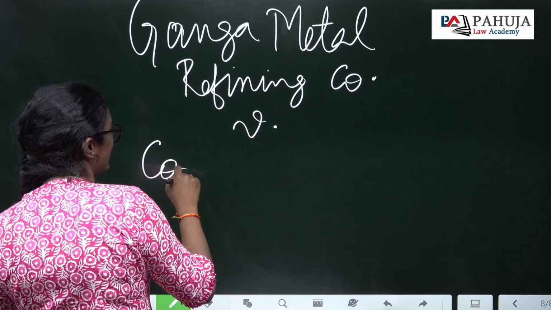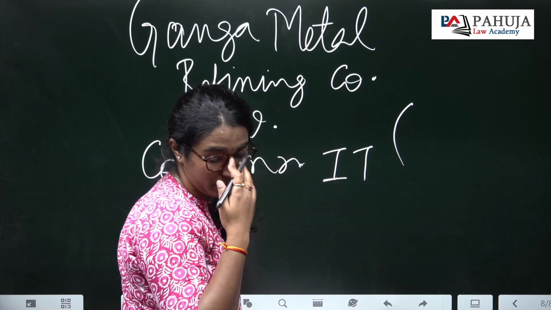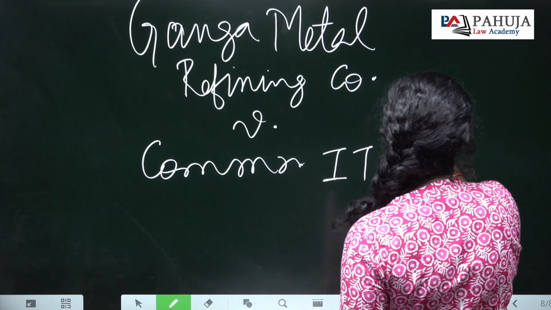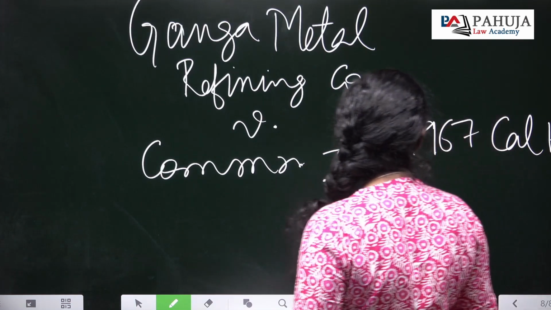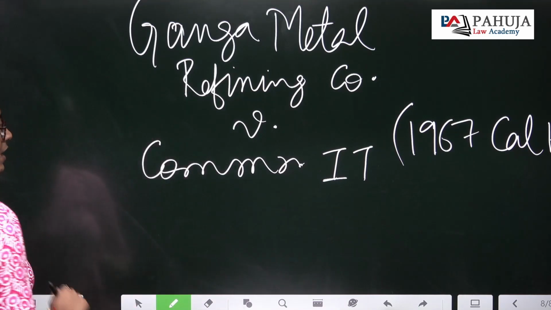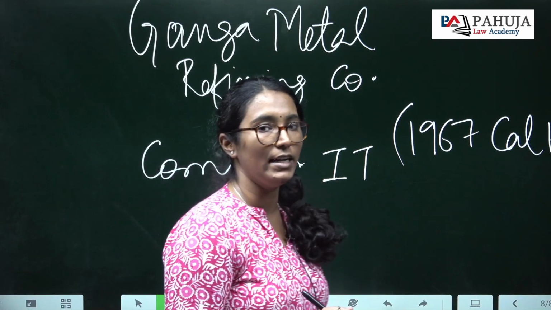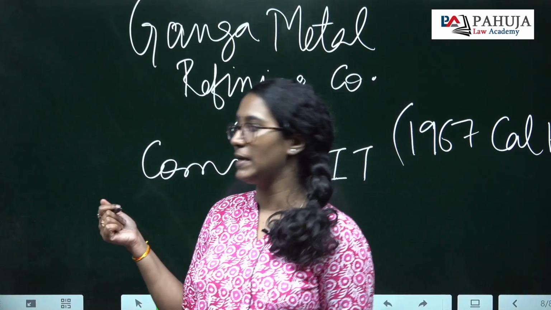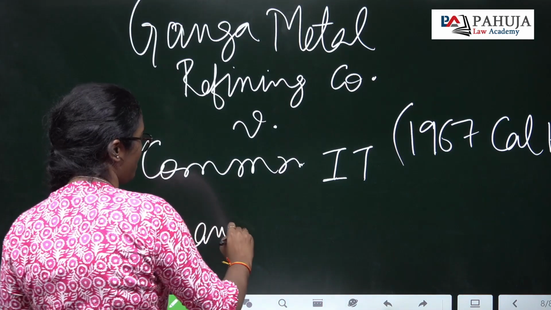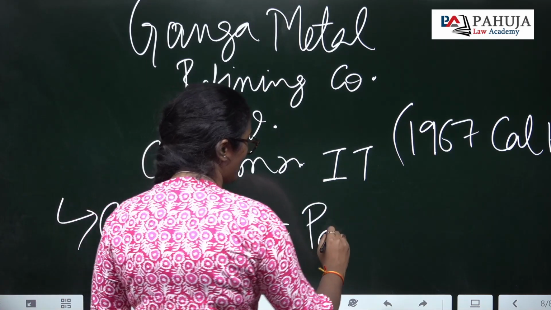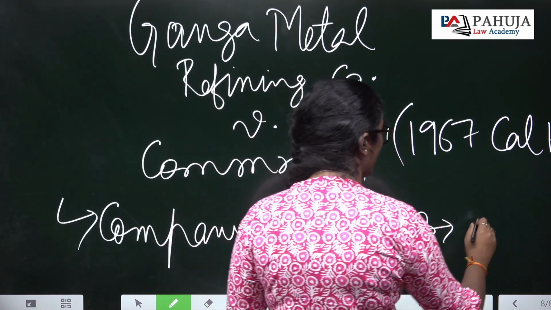In this particular case, Calcutta High Court held that a company is an incorporated entity. It is a separate legal entity, so it may enter into a partnership. A company may enter into a partnership with another company.